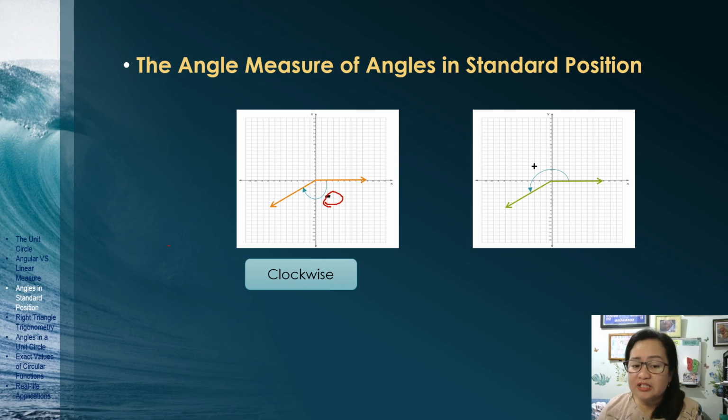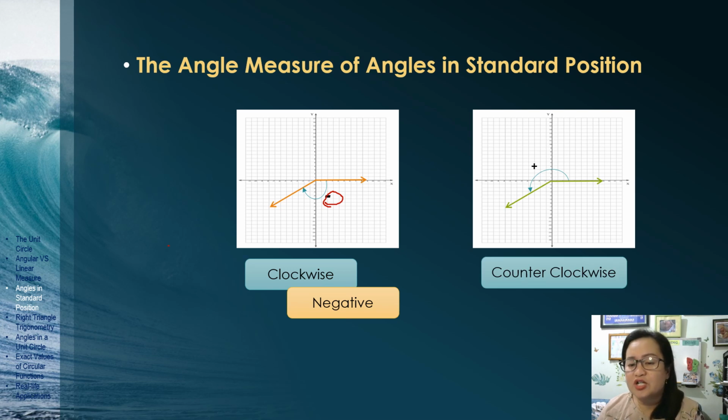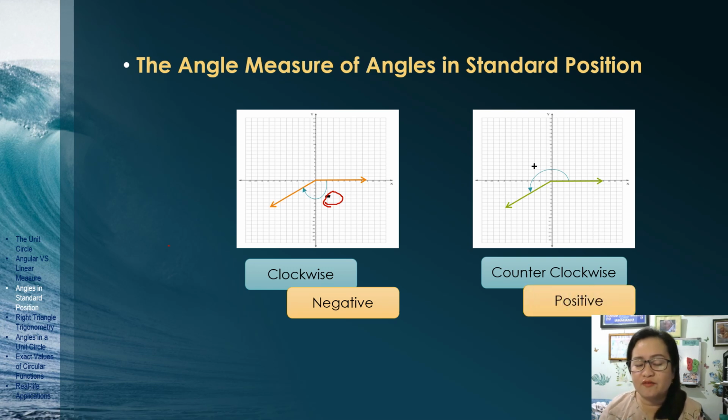So remember that if the direction is clockwise, we have a negative angle, whereas if the direction is counterclockwise, the measure of the angle is positive.